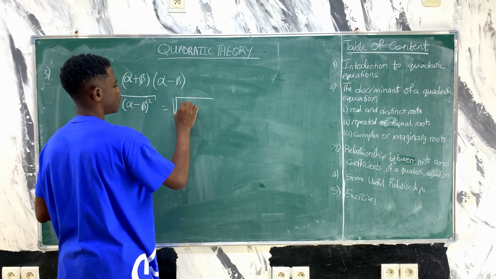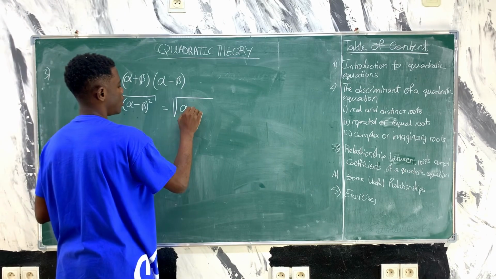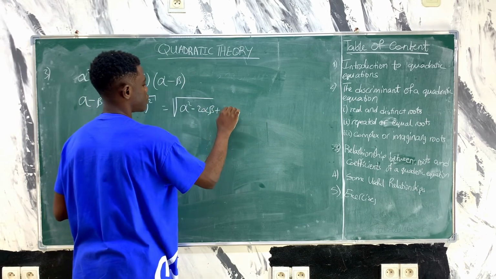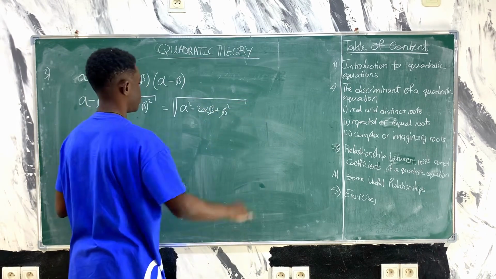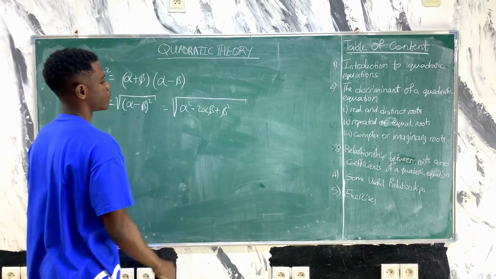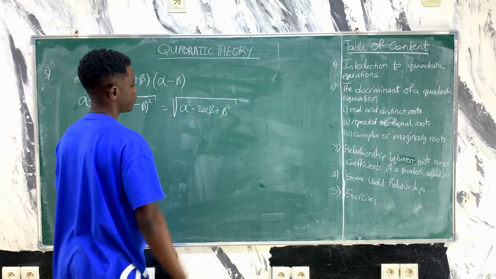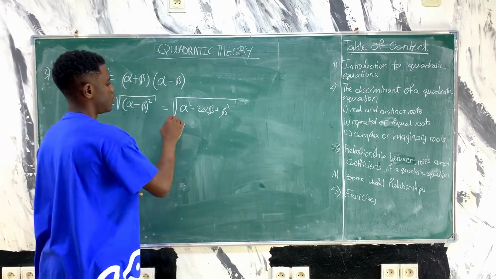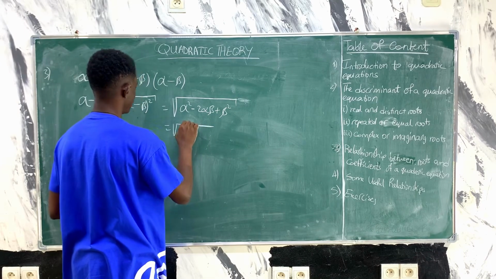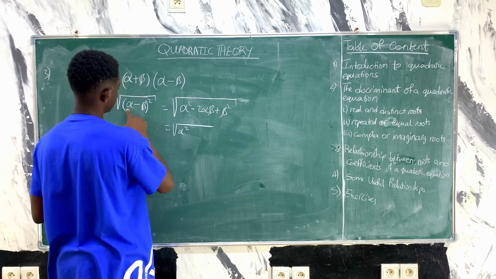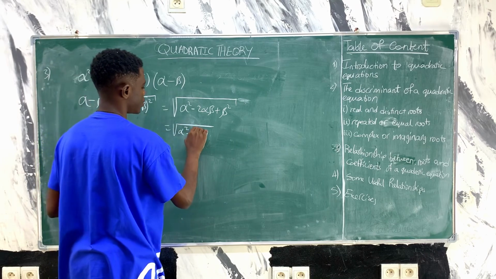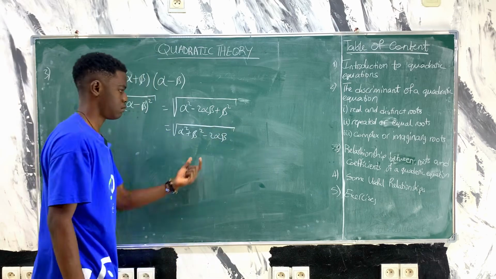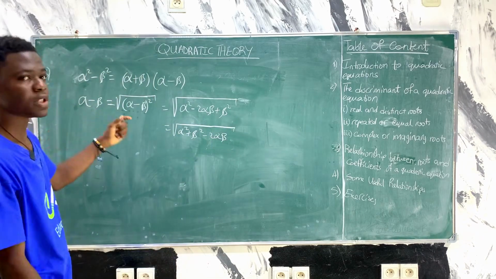If I expand the square, I have alpha squared minus 2 alpha beta plus beta squared. If you rearrange it, you have the square root of alpha squared plus beta squared minus 2 alpha beta. So this alpha minus beta can be developed this way.